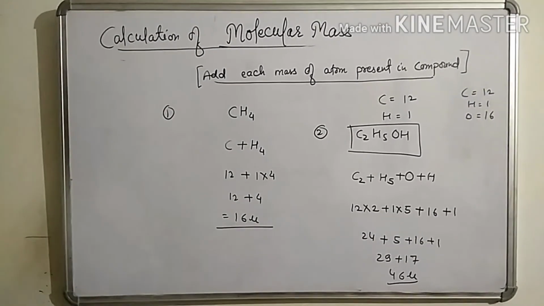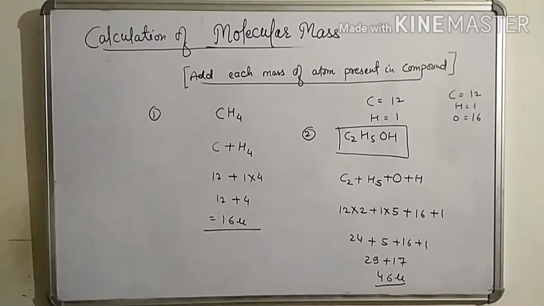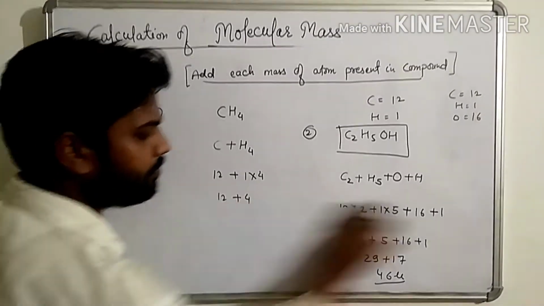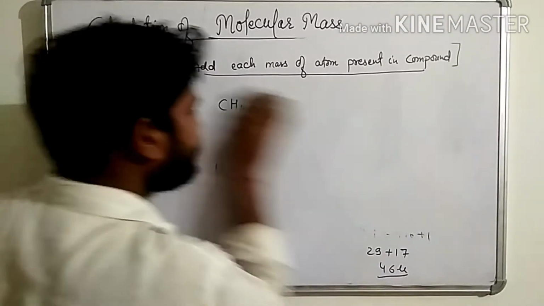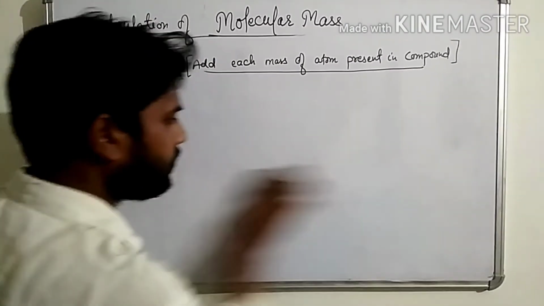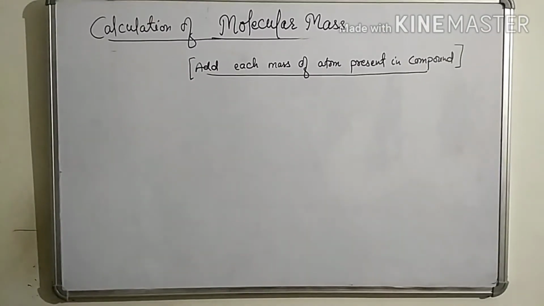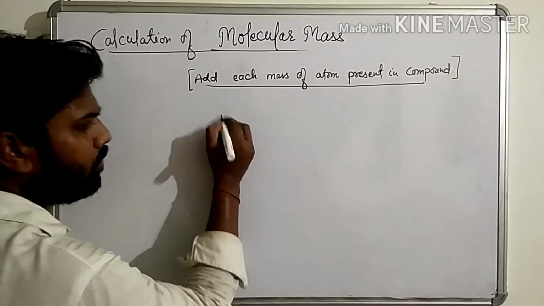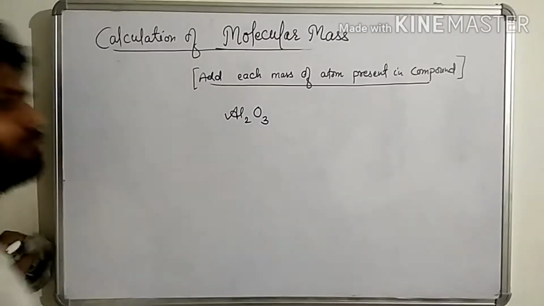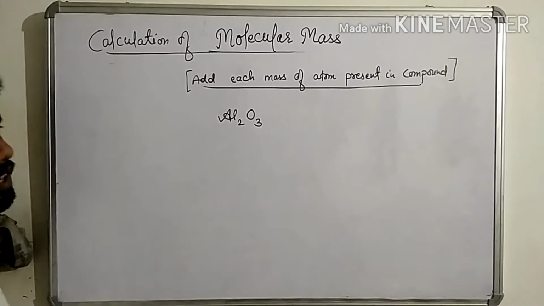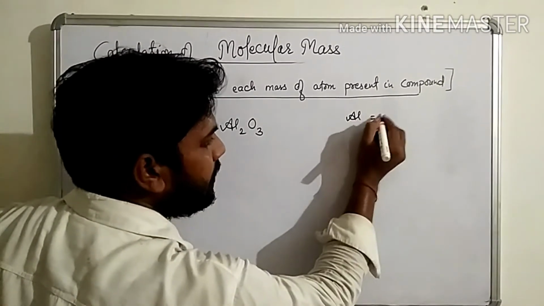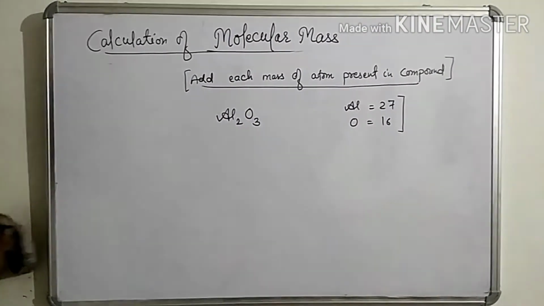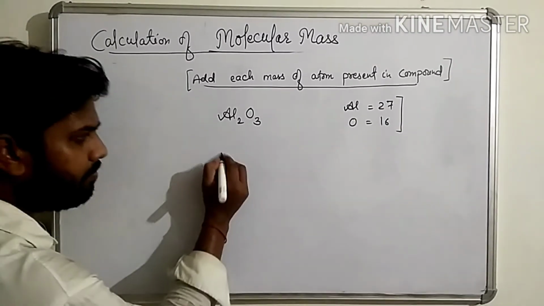Let us take another example to understand clearly, children. So first of all, you have to note it in your copy. Now, children, calculate the molecular mass of aluminum oxide. The mass of aluminum is 27, oxygen is 16. Now first separate each atom.